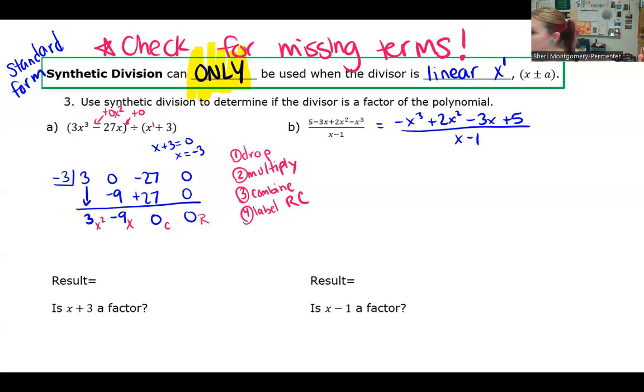The constant is just a number by itself. So when I go to put my answer now, my answer is 3x squared minus 9x. Do I have to put plus 0? No. Okay, so when we write our result, when you have this divided by this, our answer is equal to 3x squared minus 9x.